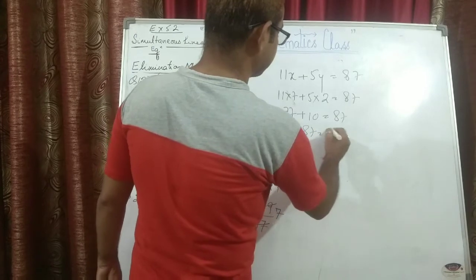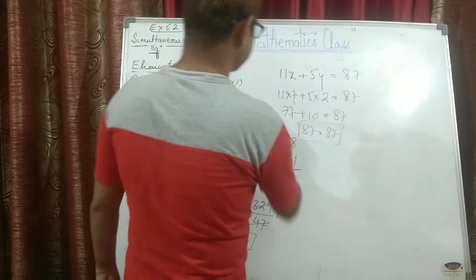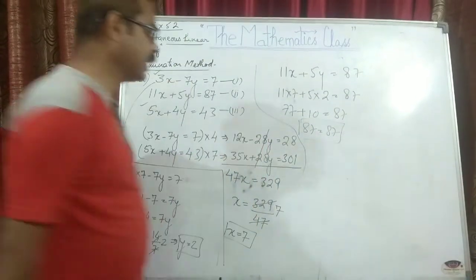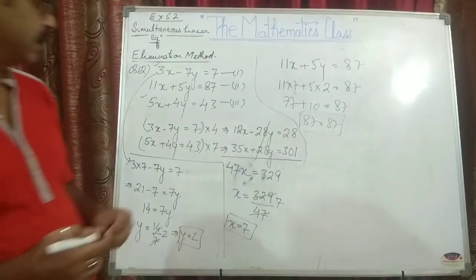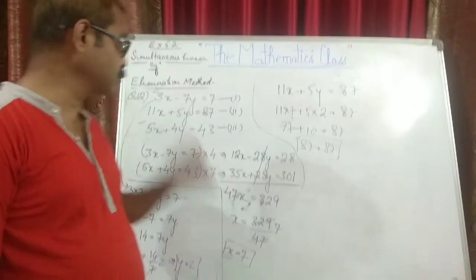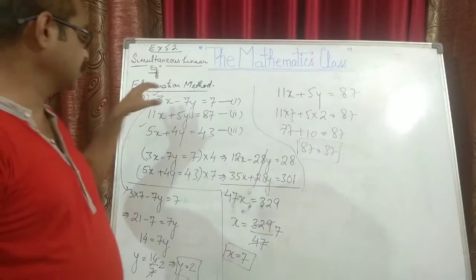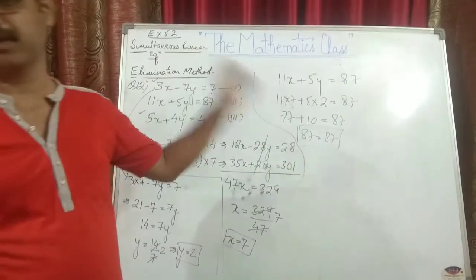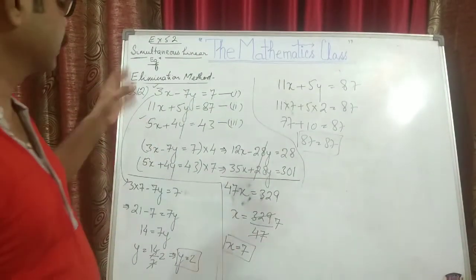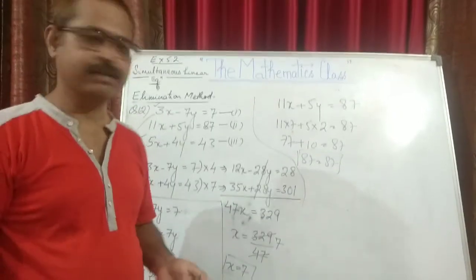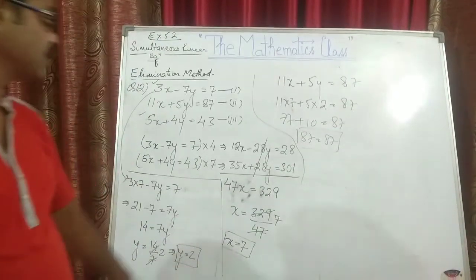This will also be 87 is equal to 87. It means the right hand side and left hand side are equal. So from this we can make out that yes, these linear equations are simultaneous, and the question also asks to find the value of x and y. So x is 7 and y is equal to 2.